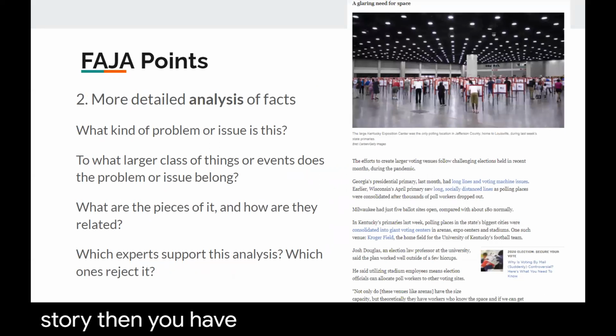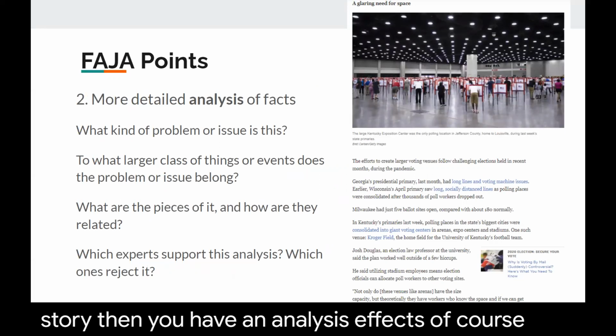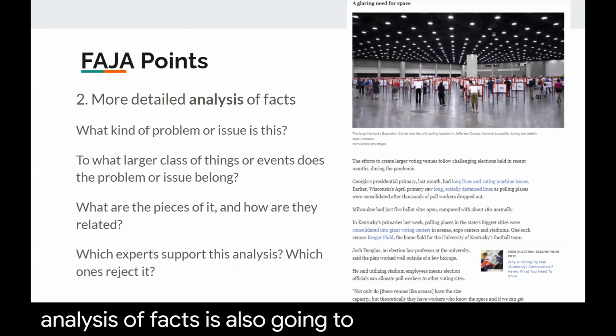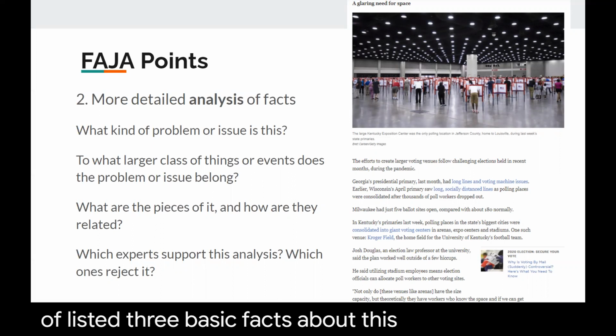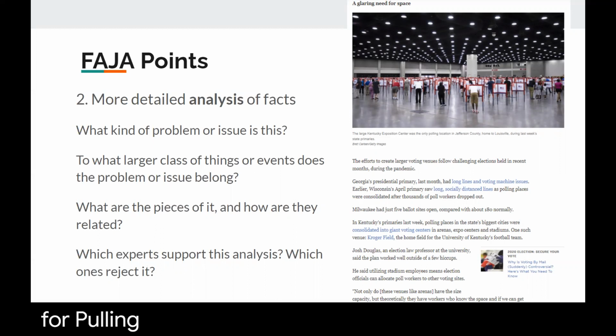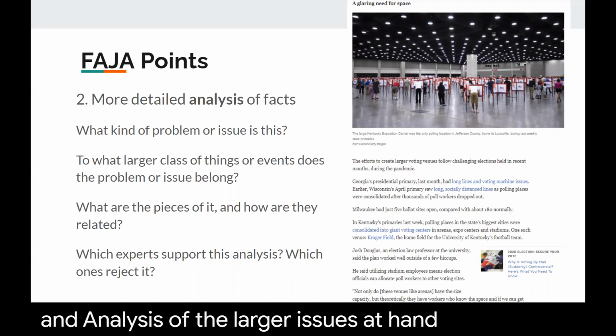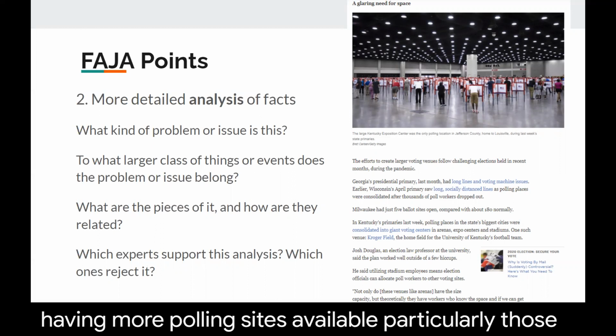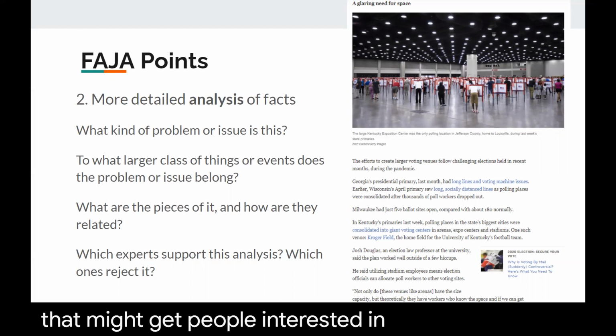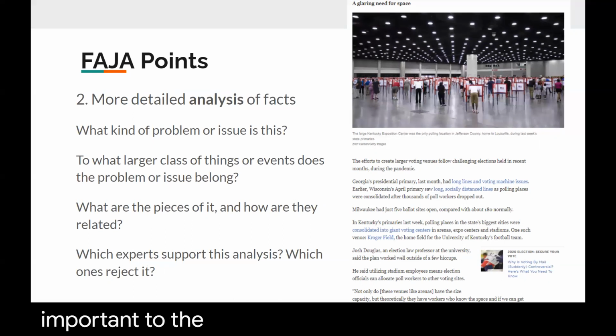Then you have an analysis of facts. Of course, an analysis of facts is also going to use simple facts, but it just builds on it. So while the previous story just kind of listed 3 basic facts about this arena allowance for polling sites, this NPR story goes into more detail and analysis of the larger issues at hand and why having more polling sites available, particularly those that might get people interested in voting, is important to the 2020 election.